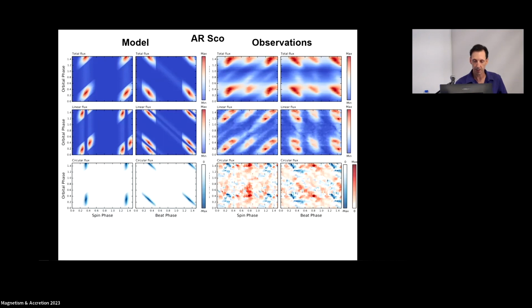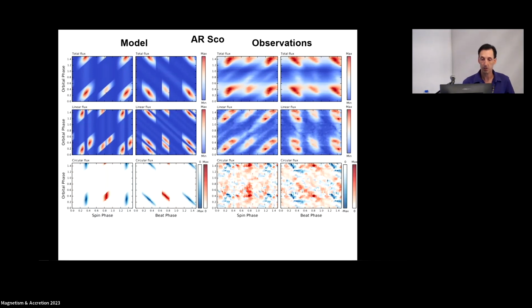There's a few other differences, but the main difference that still remains is in the observations you can see there's an additional pulse, and we reason that this is just simply emission from the other magnetic pole, the second magnetic mirror point. So we added a second one to our model, and I'll overlay that now, and you can see that we've now pretty much reproduced all of the features in the observations.